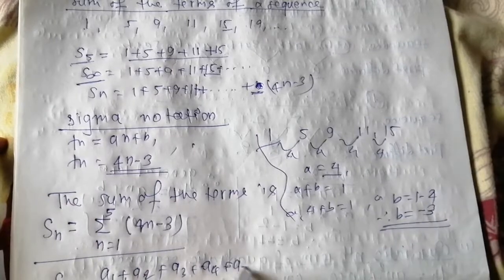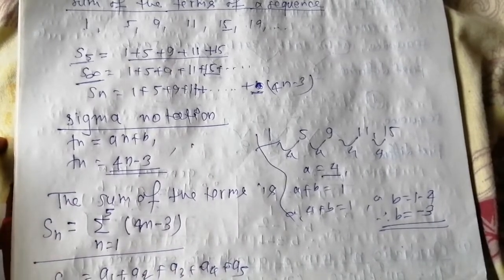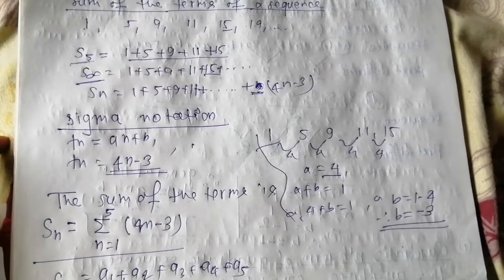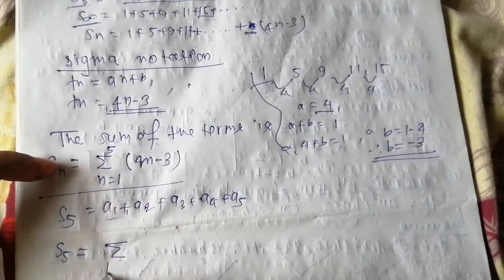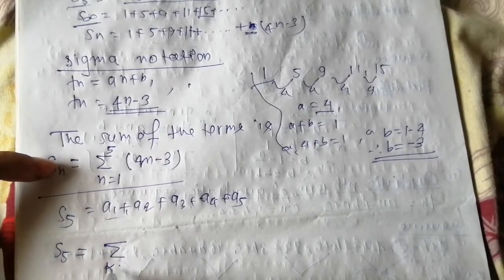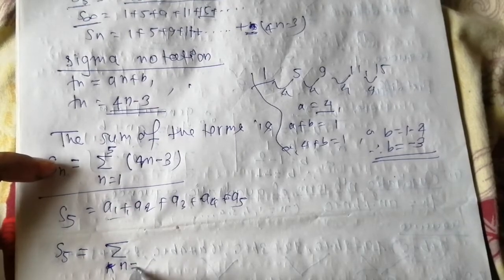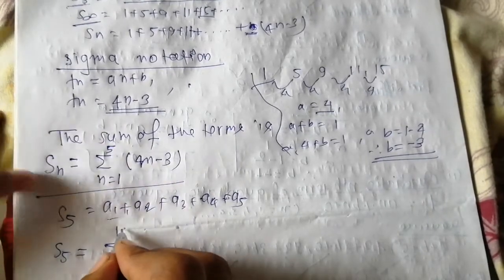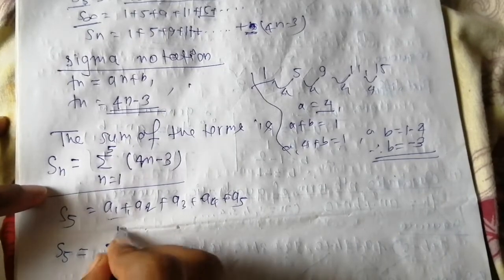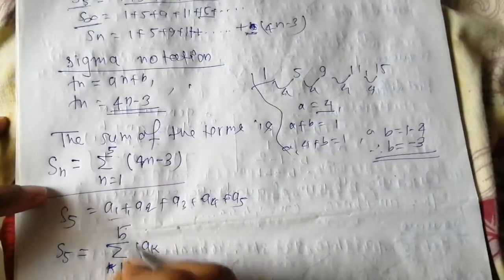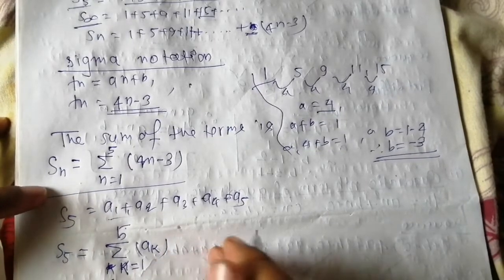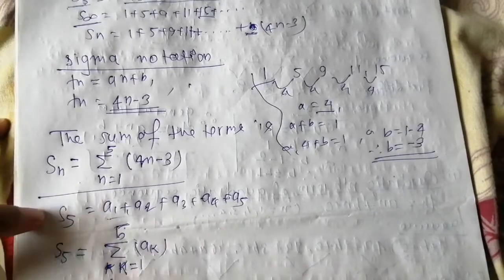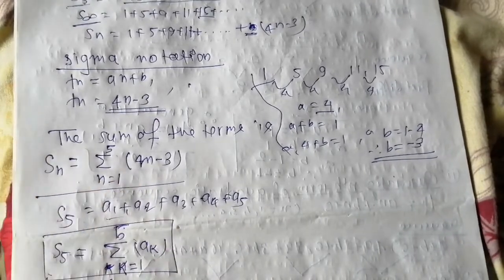So s5 can be written as, this series is written as, the summation from k is equal to 1 going to 5 of ak, where k is equal to 1, 2, 3, 4. So this is the sigma notation of this series.